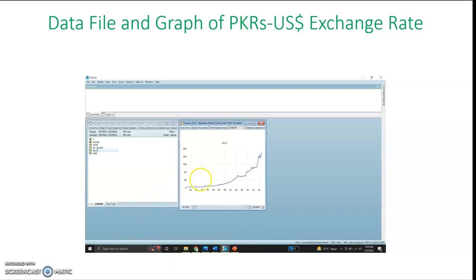This is monthly data of the Pakistani rupees versus US dollar exchange rate, and this data ranges from January 1957 up to March 2022, and this covers the total number of observations as 783.